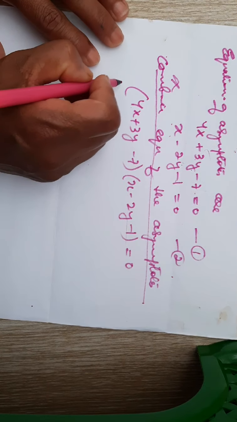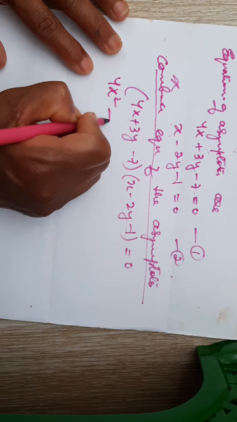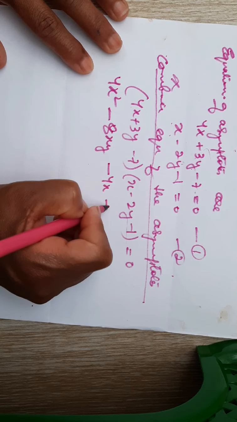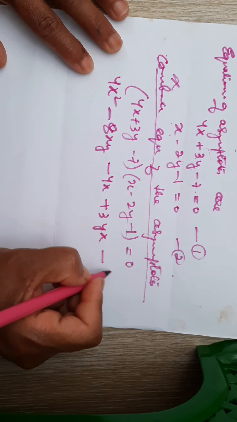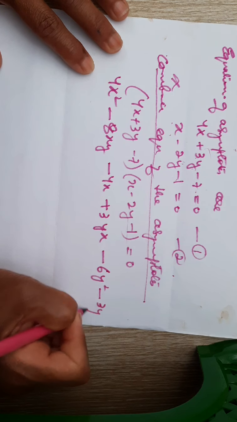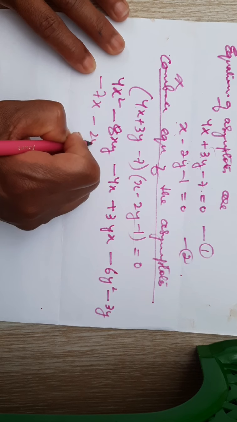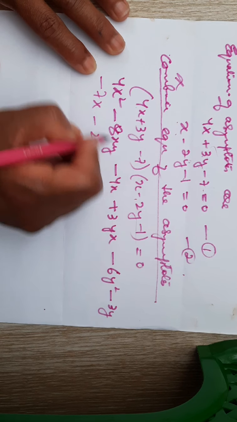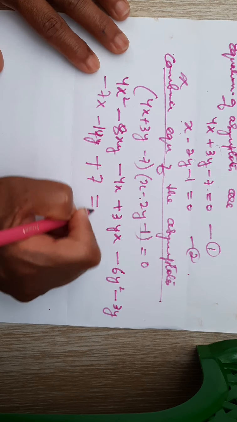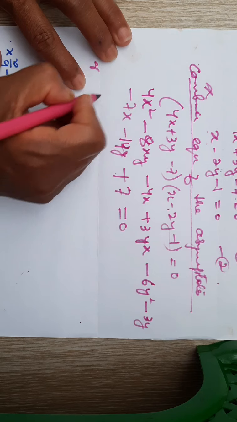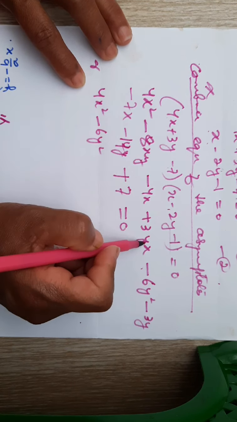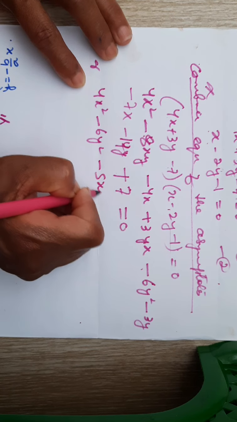So we have this one. It gives you 4x² - 8xy - 4x + 3xy - 6y² - 3y - 7x - 14y + 7 = 0. Or 4x² - 6y². Now -8xy + 3xy will become -5xy.